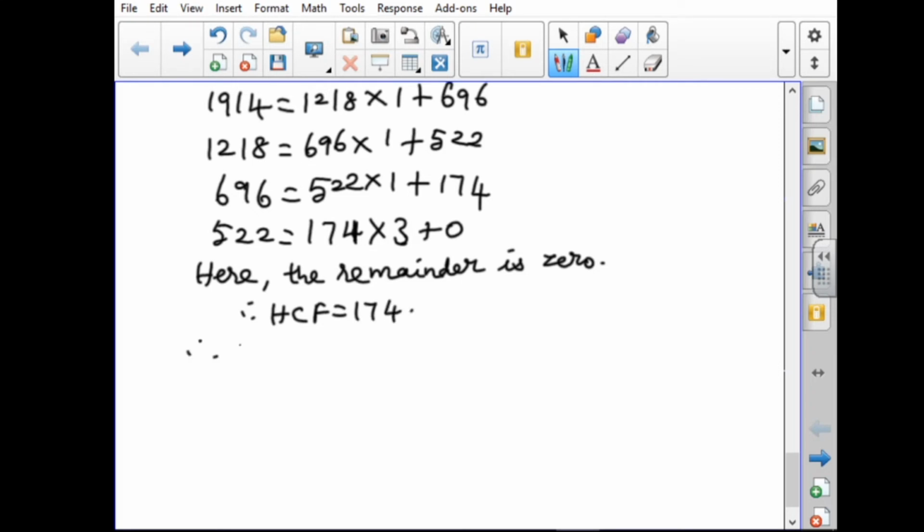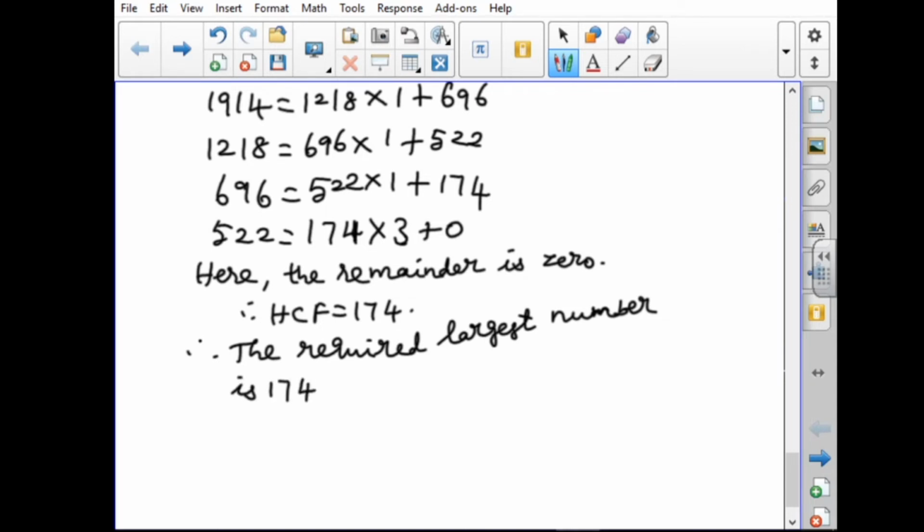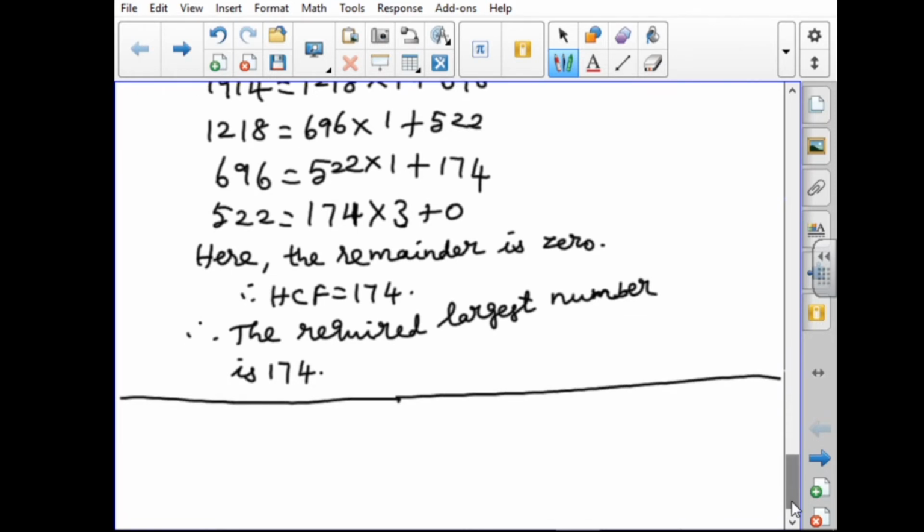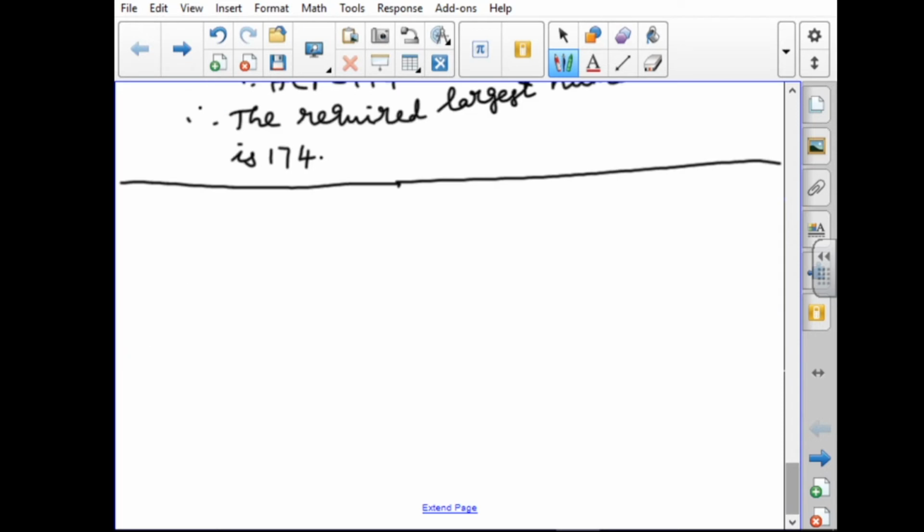Therefore, the required largest number is 174. The seventh sum is over. Next, eighth sum. Let us see the eighth one.